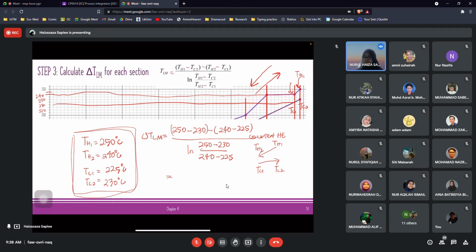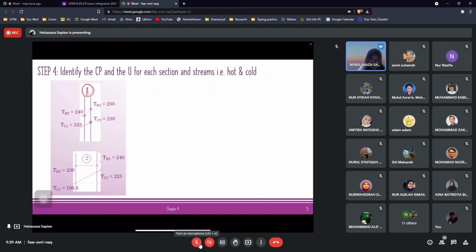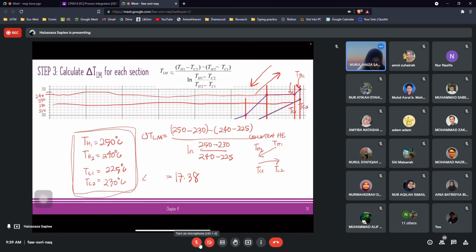Anyone dapat kira ke? 17.38. So macam tu je lah the value. So bila kita dapat macam tu, thank you. So kita dah settle. So this is for your TLM for 1 lah. So you would have 7 different value.